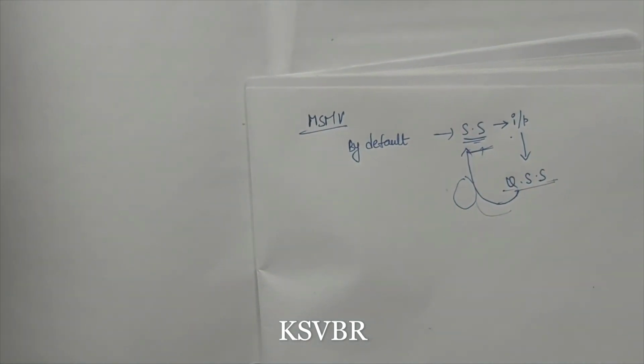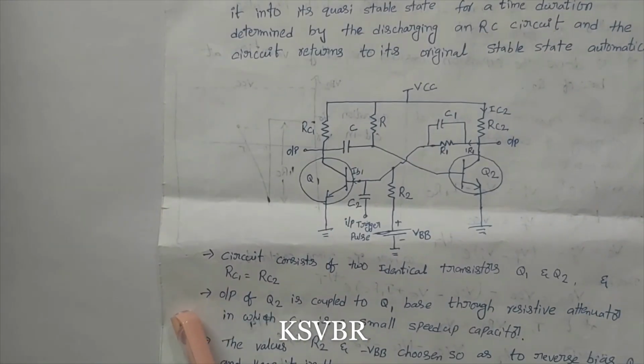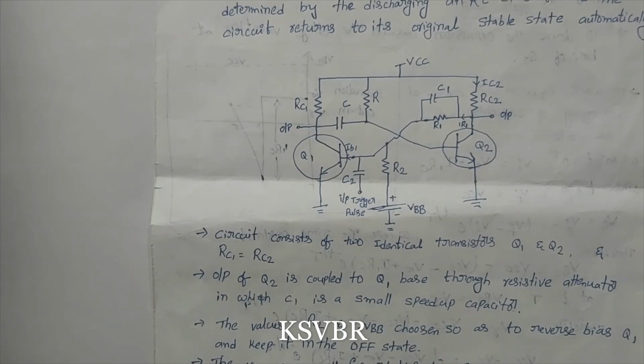Okay, this is about stable state and quasi-stable state. So in order to analyze the working of monostable multivibrator, we have to assume that it is in its stable state.